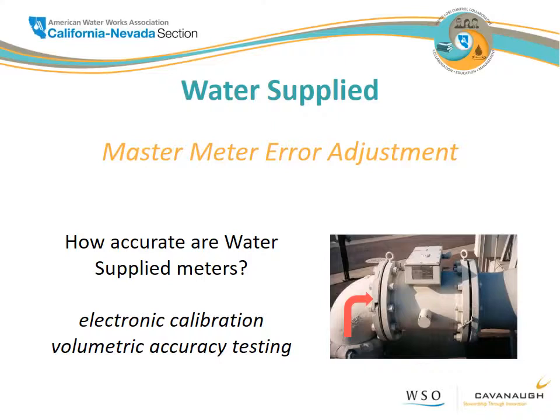And that is important, and we want that translation to be as accurate as possible. But even a well-tuned secondary device doesn't guarantee that the meter itself, the measuring mechanism, is measuring water accurately. So that's where volumetric accuracy testing comes in, and that's a really important and separate piece of the puzzle when we're examining our meter's accuracy overall.